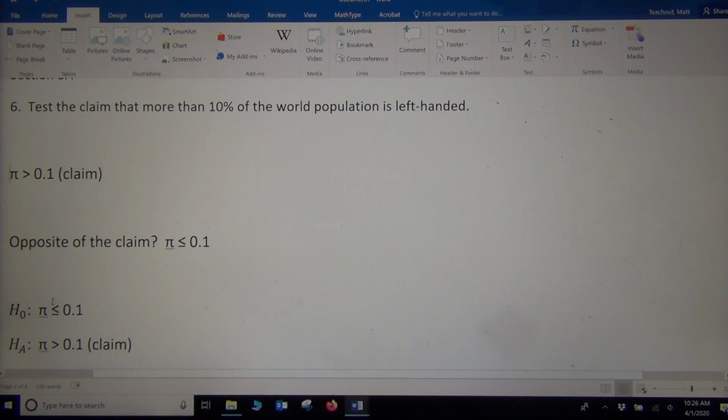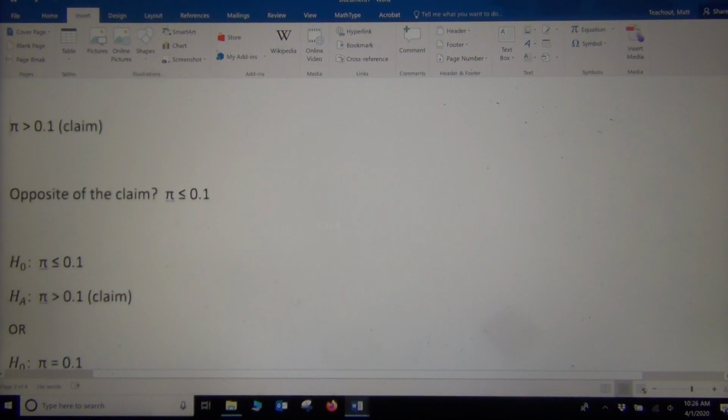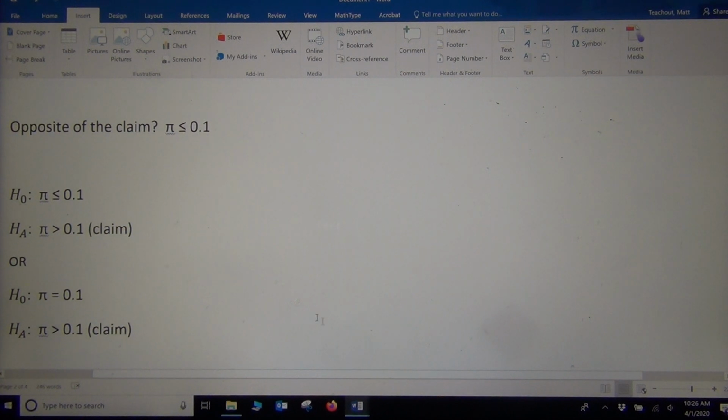And that's okay. It depends on what your stat teacher prefers. You could write it as less than or equal to, or you could write it as just straight equal to. So we really could write this null and alternative hypothesis in two different ways. I'm actually okay with either way if my students write either way.